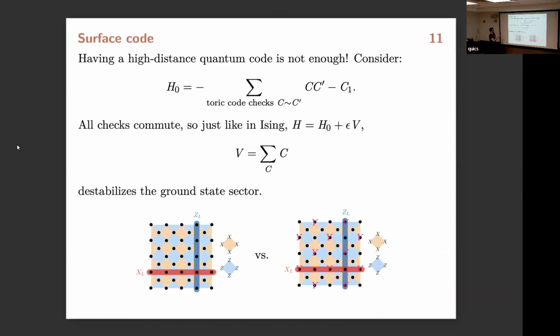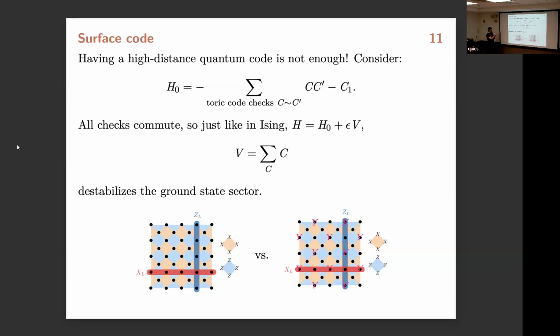The code itself is really the surface code, but the Hamiltonian will be different. Maybe I'll take one of the parity checks, let's say the one in the top left, and call that C1. I subtract that in H naught, and otherwise I take all nearest neighbor pairs of checks, multiply them together, and that's H naught.